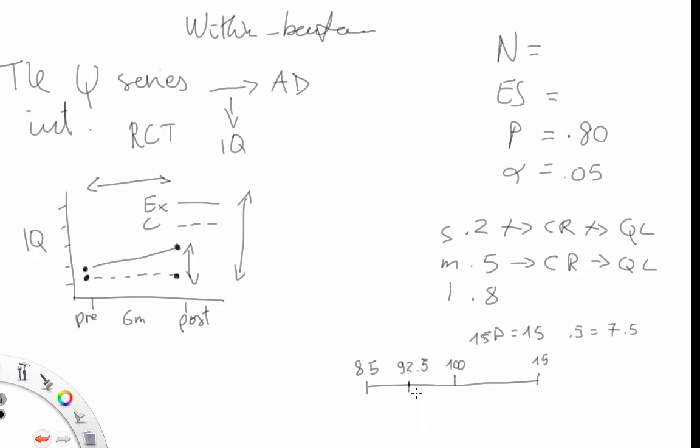And so if we want to take participants from here back to here, we would like to be powered for detecting half a standard deviation. And that's what we were looking for here. Now, if this change from 92.5 points back to 100 is deemed to be clinically relevant, as well as improving quality of life, which, by the way, you should have a measure for.